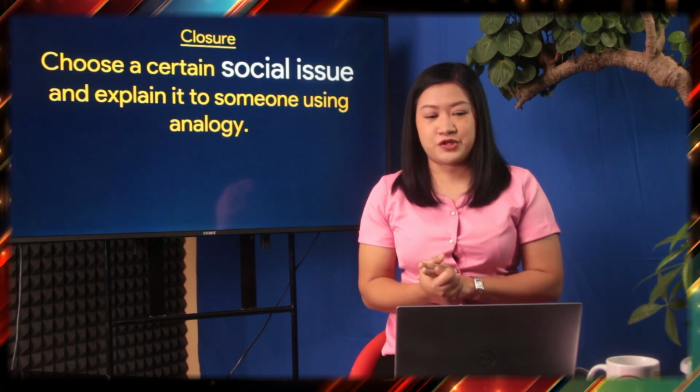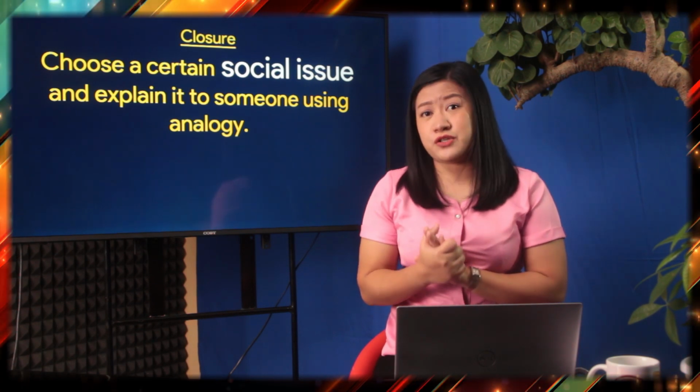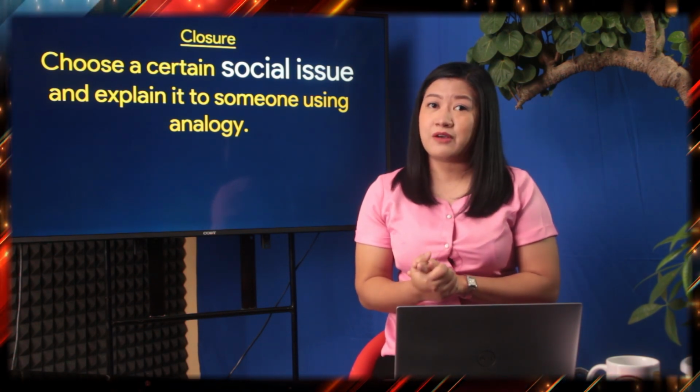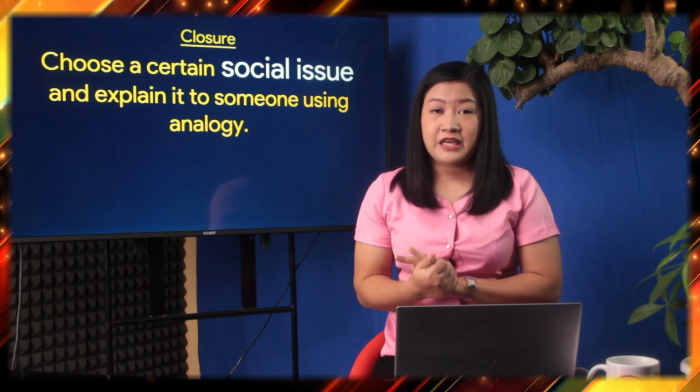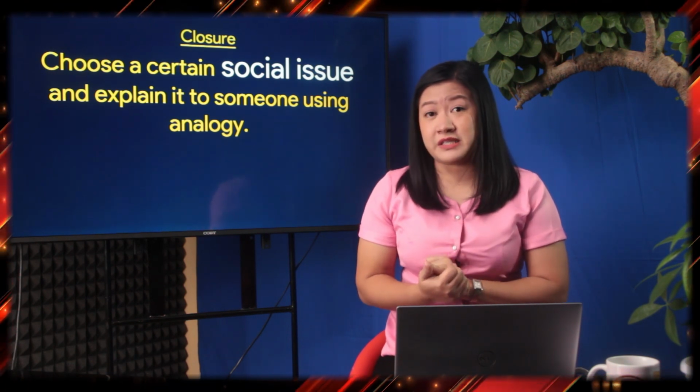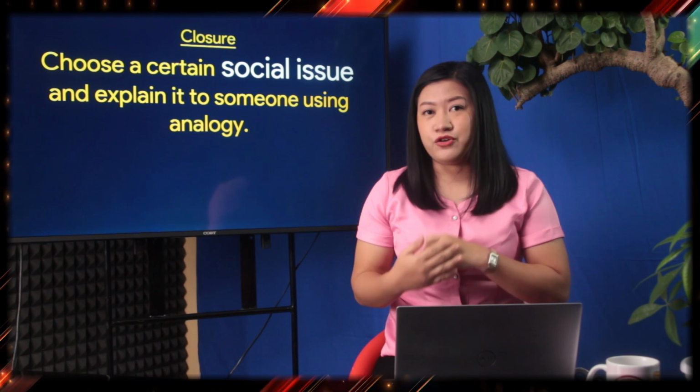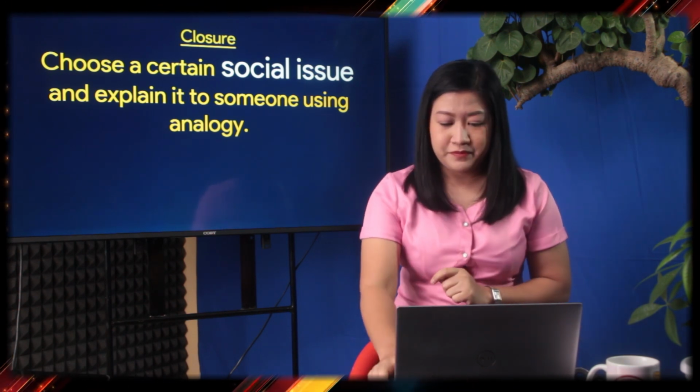As a sort of closure, you will be choosing a social issue just like what we did in the third example. You will be choosing a social issue in your barangay or in your purok. So what are these social issues?